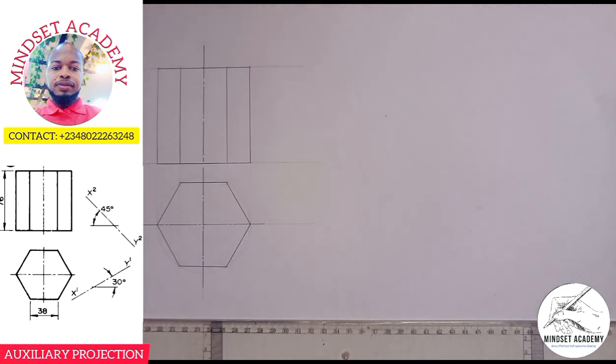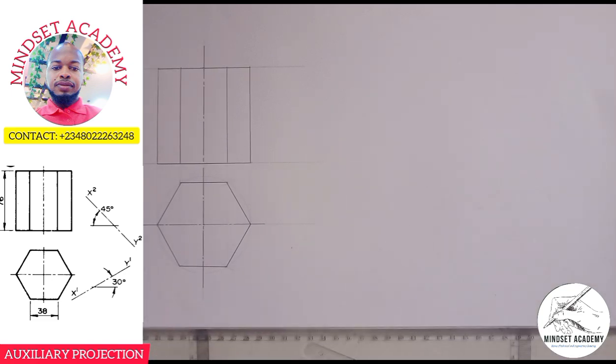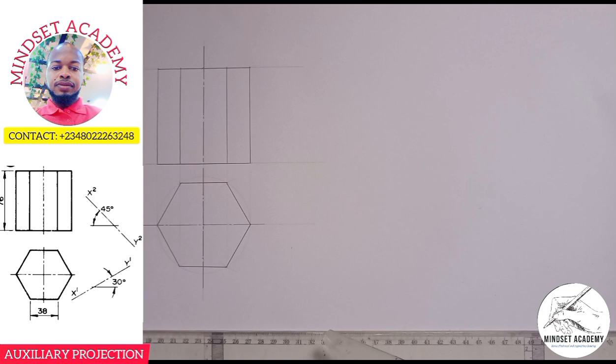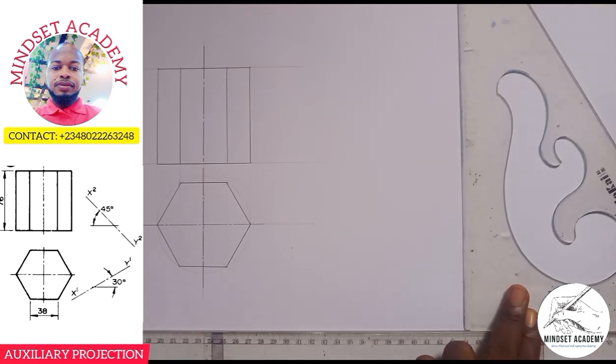Hope you can see that. Now I would like to draw this as my hexagon here. I will just draw it in isometric so you have an idea of what we're talking about. Nobody's asking you to do this. This is just for the benefit of knowledge.